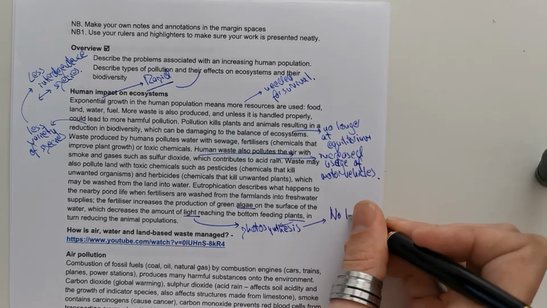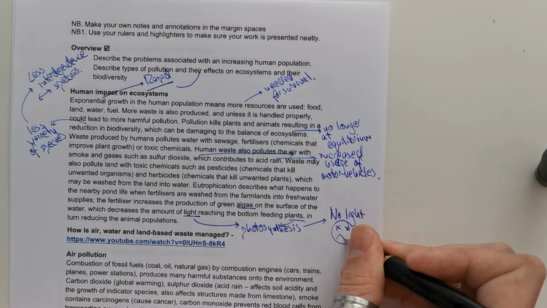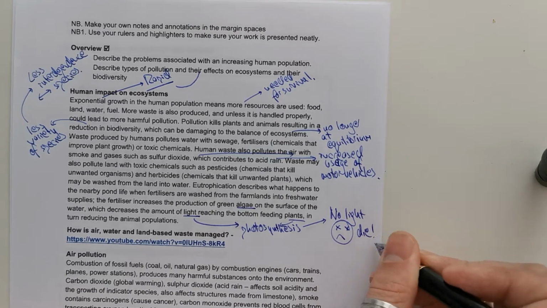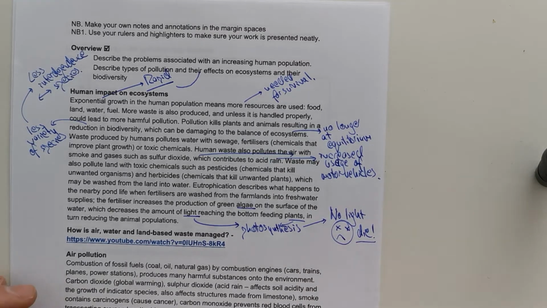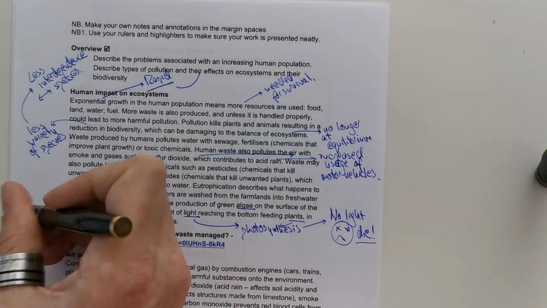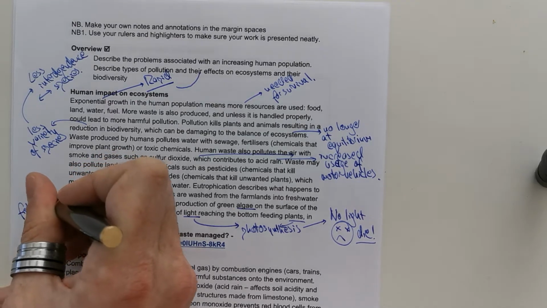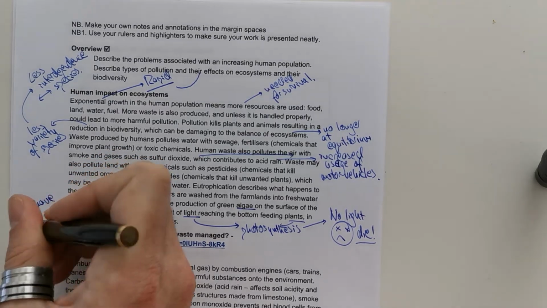And if they've got no light, they die. And if those plants die, it's going to reduce the animal population, such as fish, because fish have less available food.